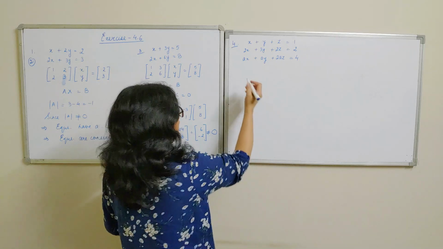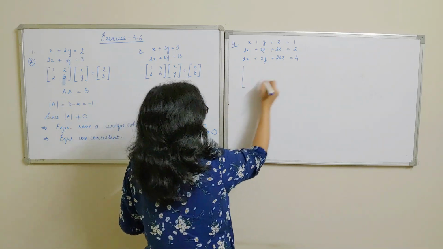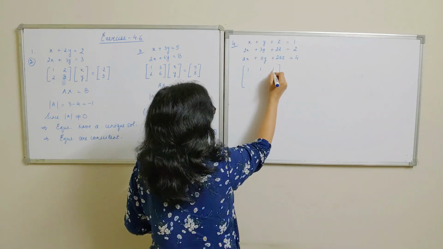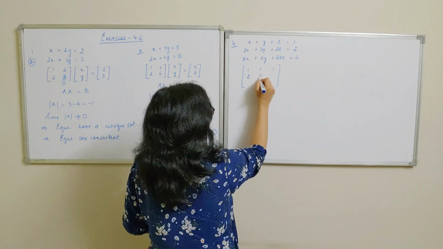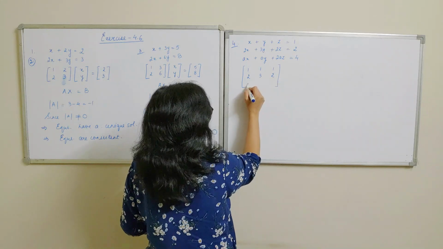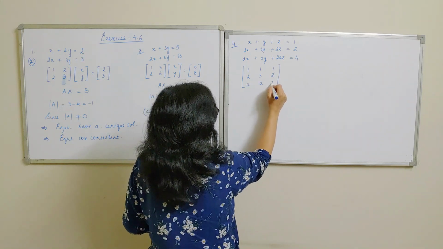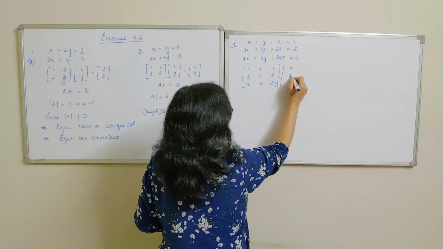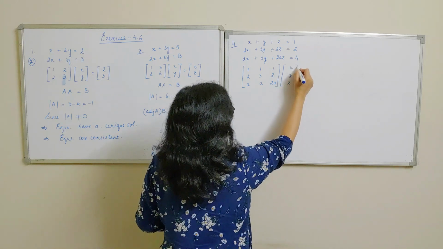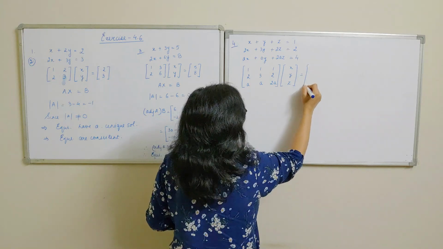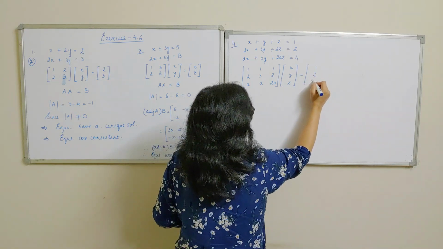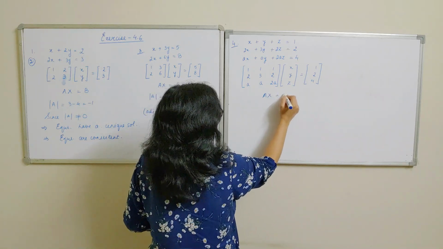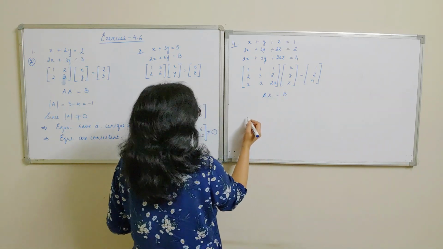Now if we have 3 linear equations, then also we can write down a 3 by 3 matrix. So from the first equation, coefficients of x, y, z. Likewise from the second equation and from the third equation, multiplied by a matrix which has variables x, y, z, and the right side matrix of constants. So we have written the equation AX equal to B.